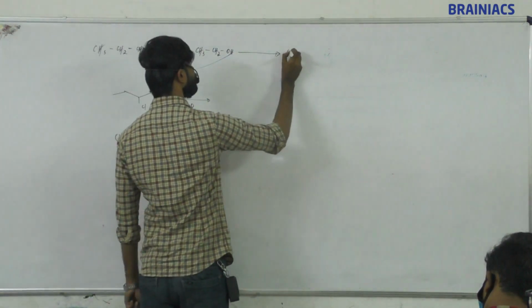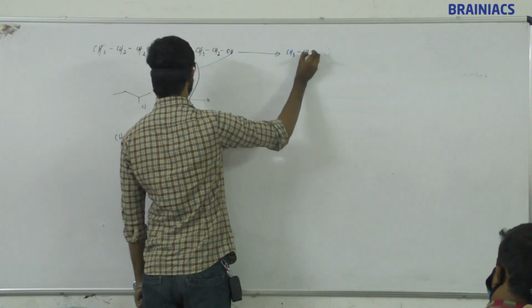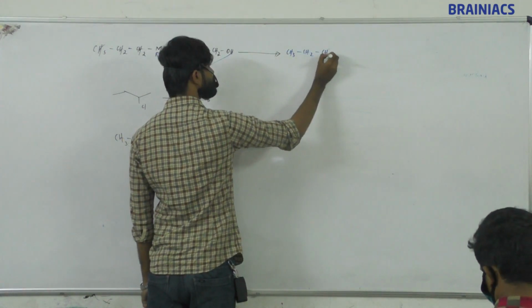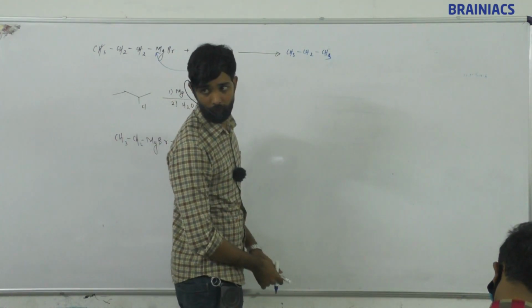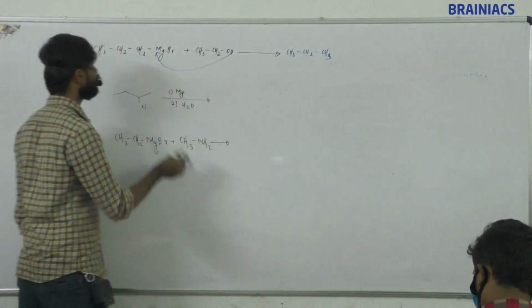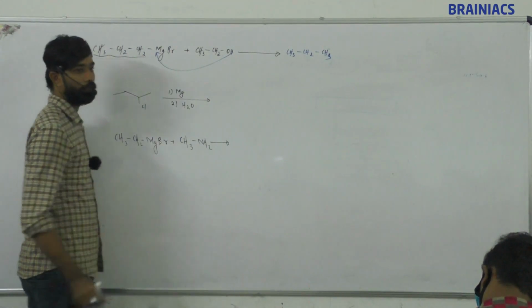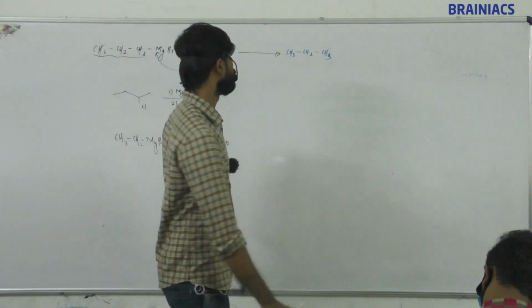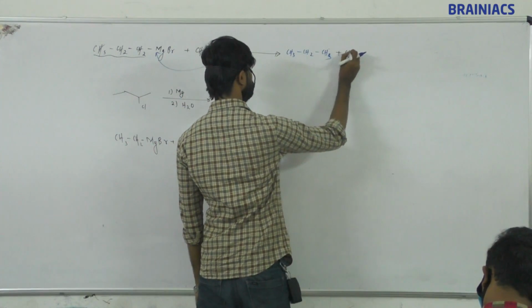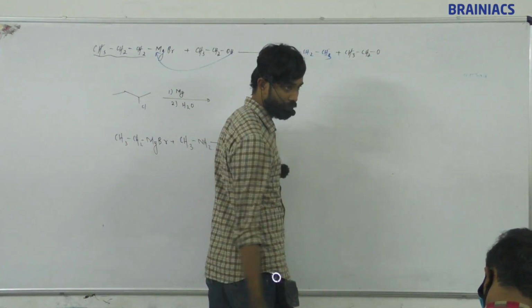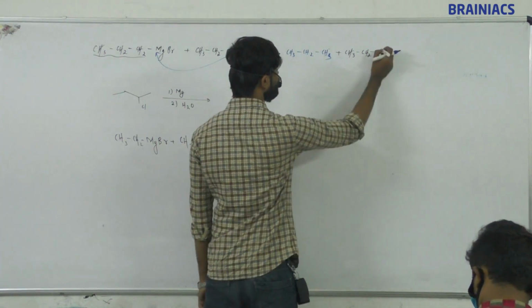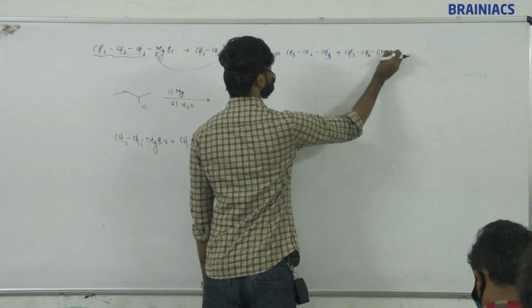So the main product is CH3CH2CH3, propane. The alkyl is propyl, so it becomes propane. What about the byproduct? CH3CH2O, that is A minus, with the MgBr, fine.